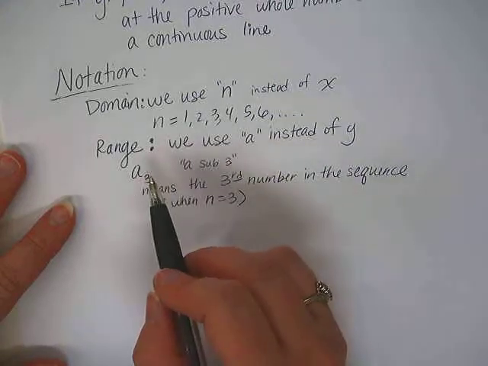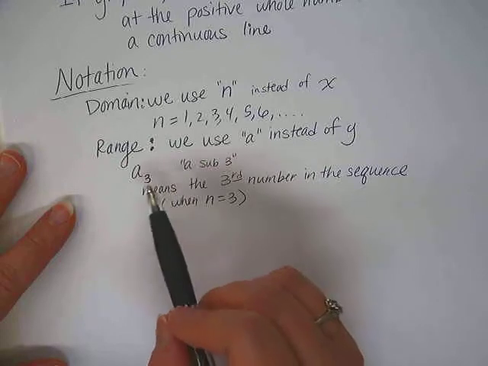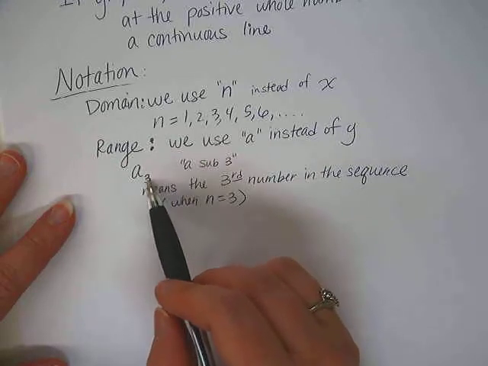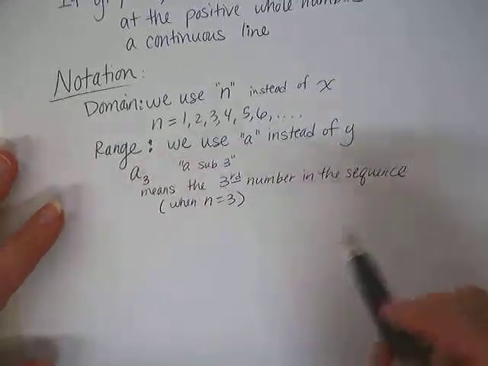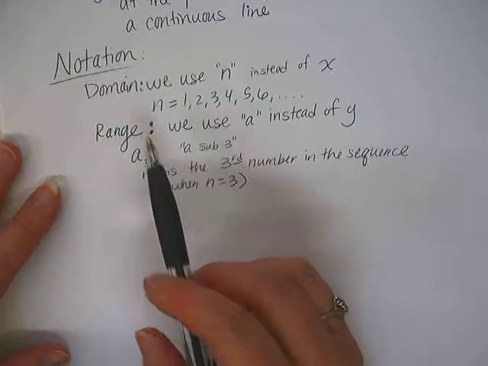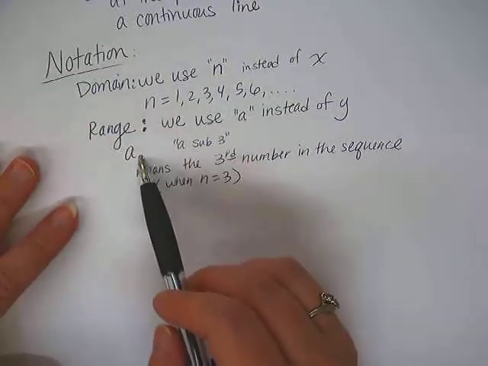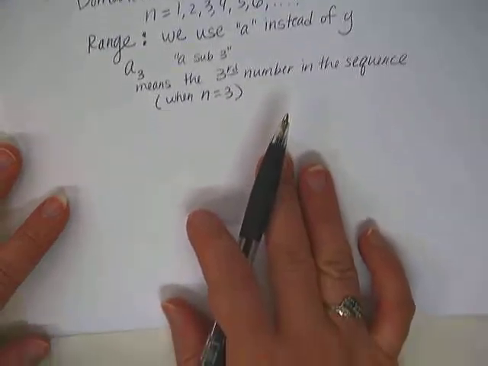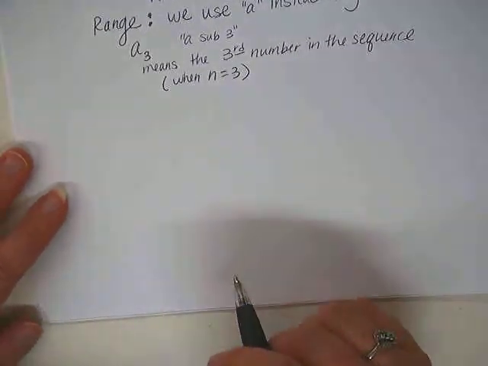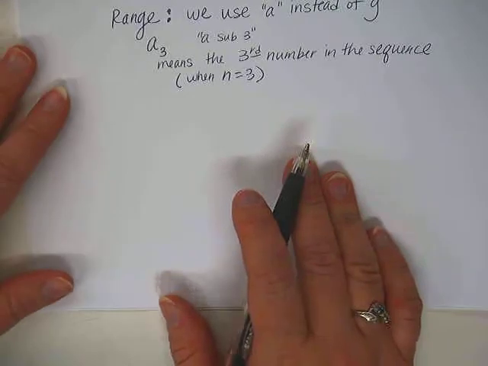Okay, so this little sub 3 is an index number. It's just telling you the name of that number in the sequence. There is no math to be done with that number 3 typically, unless it requires us to know that n also equals 3 and we end up plugging that in somewhere. But just keep in mind that that's just like a name for that number in a sequence.